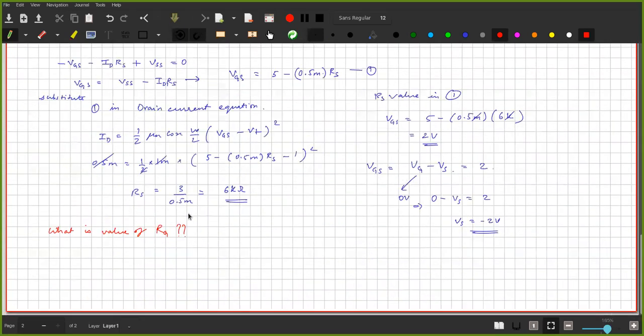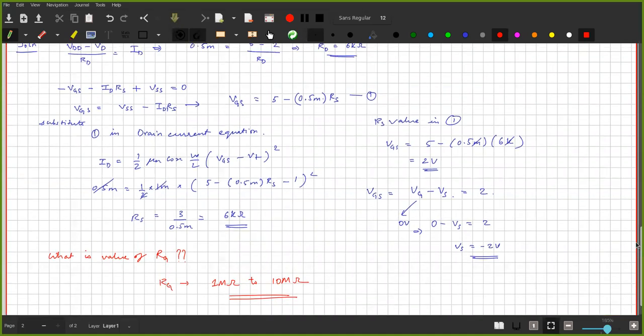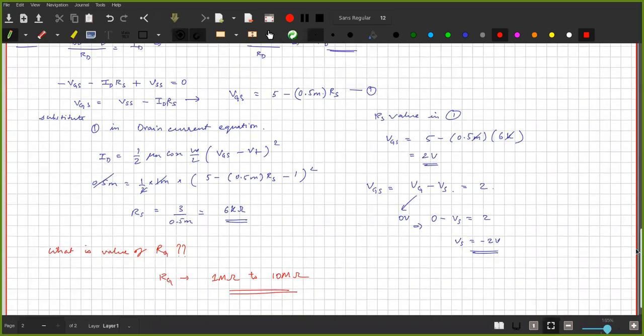It can be selected, say, from 1 mega ohm to 10 mega ohms. So we have found the values of RS, RD and RG.